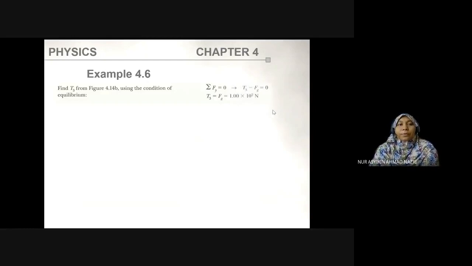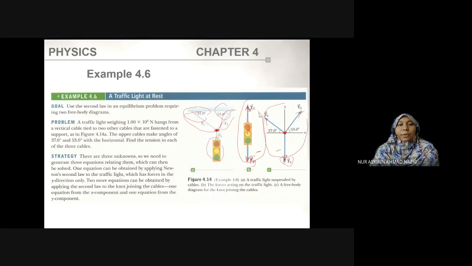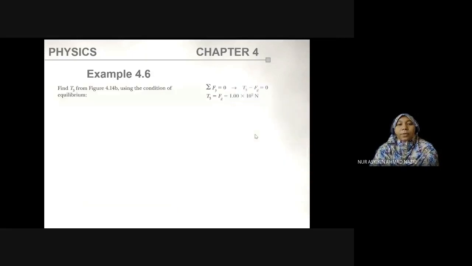Then how to solve this? Kita akan pergi one by one. Tapi nanti saya akan tunjuk lagi lah yang lebih lanjut. Cuma yang ni kita buat je lah macam ikut yang dia ni. Alright, so from the first free body diagram, we get this equation. Since the question asks you to find T1, T2, and T3, there are three unknown.